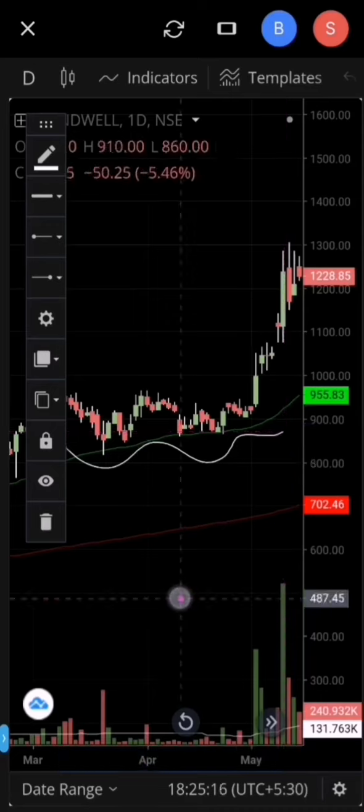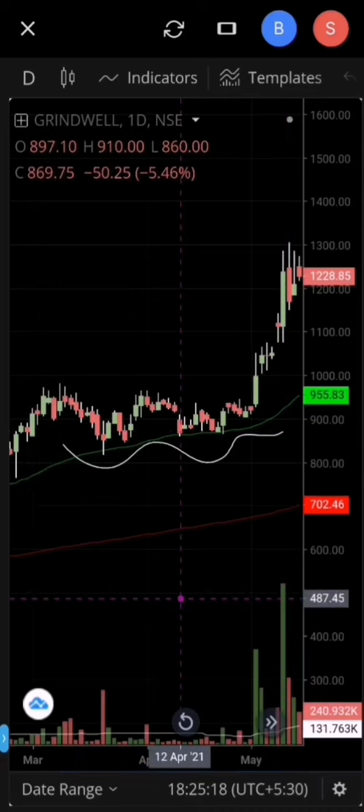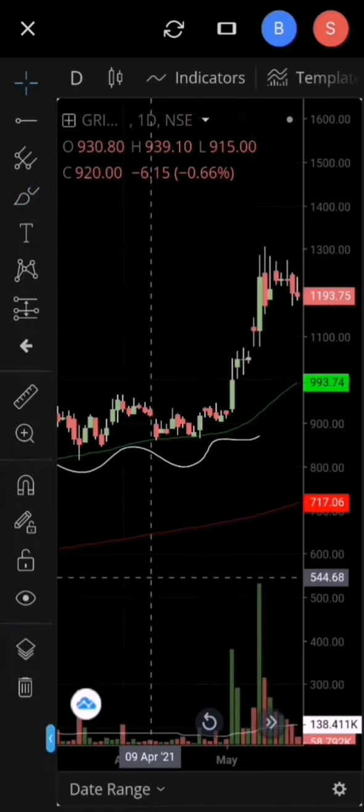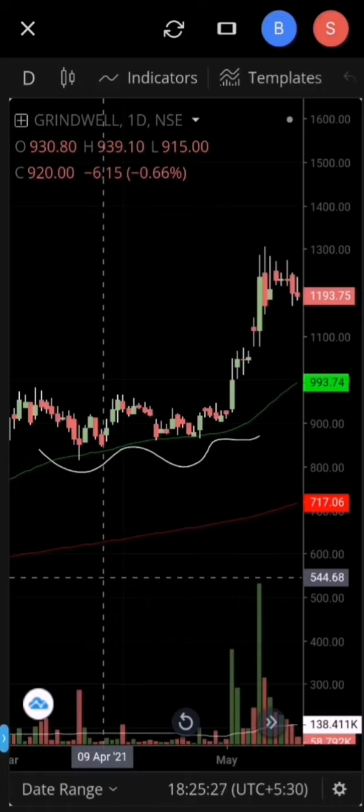They were significantly below their 50-day average volume, especially on a day when the stock goes down. The volumes were really low.